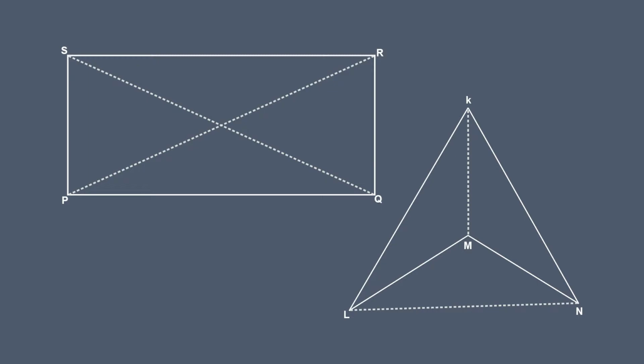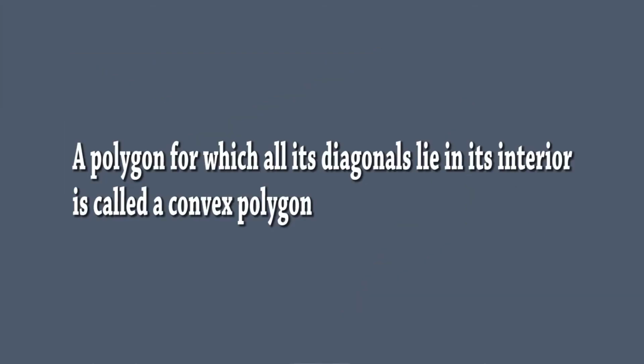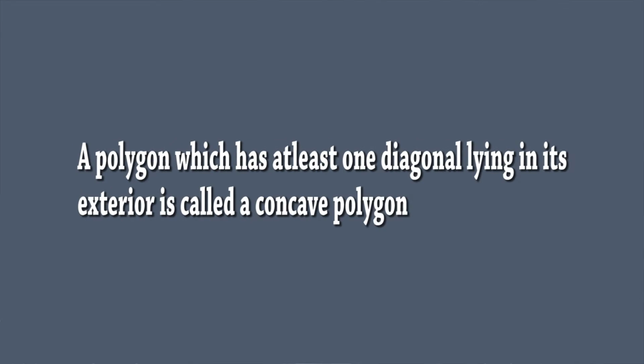Both the diagonals of quadrilateral PQRS lie in the interior of it, while the diagonal LN of the quadrilateral KLMN lies in the exterior of it. A polygon for which all its diagonals lie in its interior is called a convex polygon. Otherwise, the polygon is called a concave polygon.